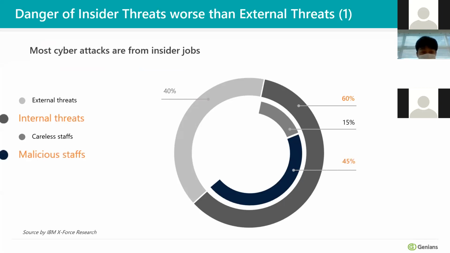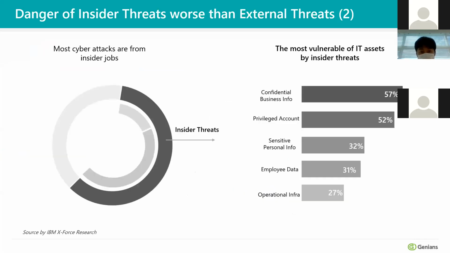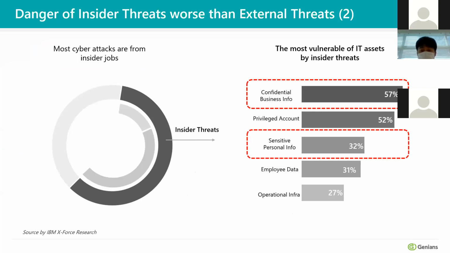It happens more often with inside staff, and their main purpose is to get confidential business information or sensitive personal information. It all impacts the corporate image. Sometimes a data leakage ruins the positive image.